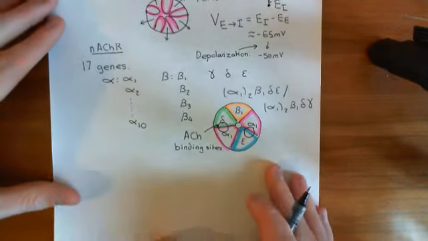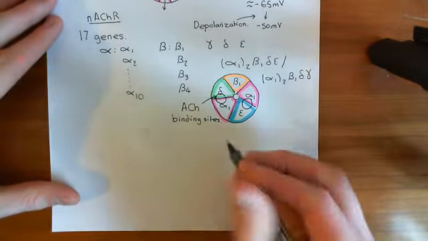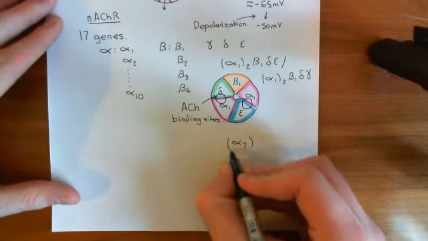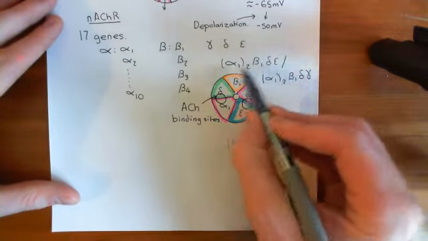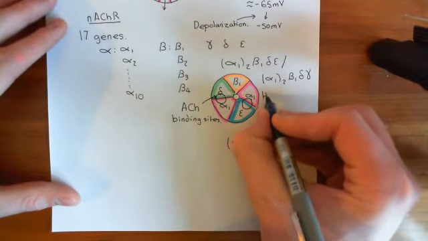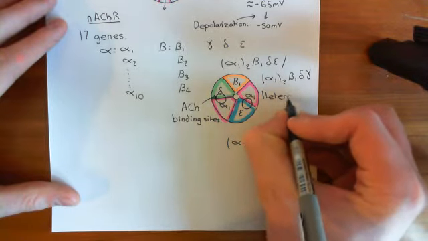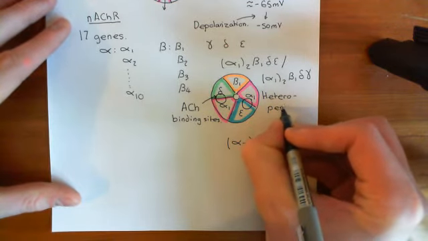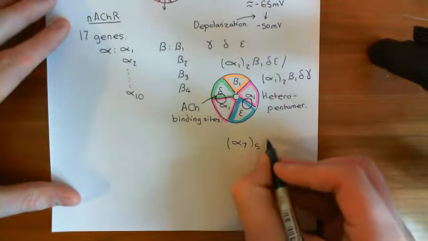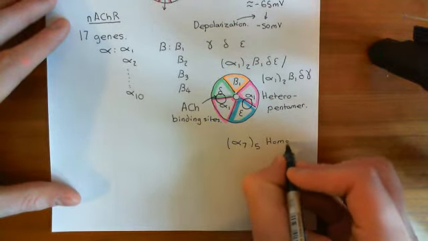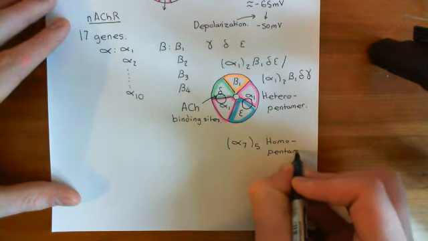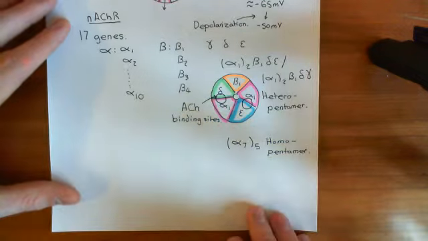But firstly, I just want to show you how this can be totally different. This is a heteropentamer because it's got loads of different types of subunits all put together, whereas the next form of the nicotinic acetylcholine receptor that we're going to look at is the alpha-7,5 homopentamer, because it's made up of 5 identical alpha-7 subunits.